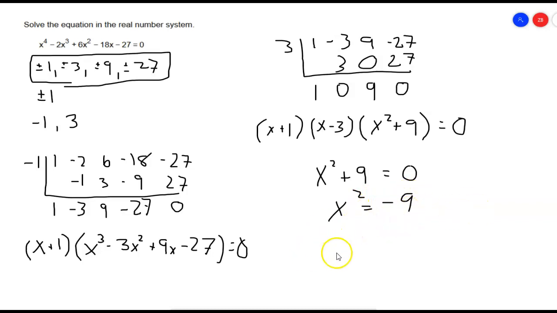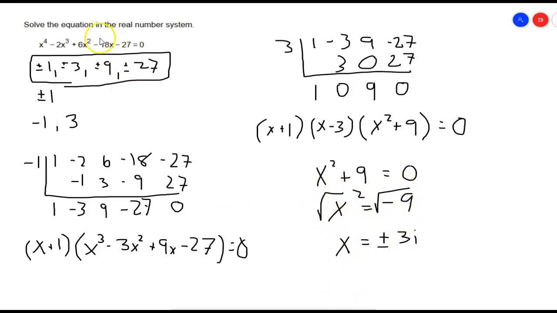Then I take the square root of both sides, and I get x is equal to plus or minus the square root of negative 9, which we can write as 3i, which are imaginary solutions here.